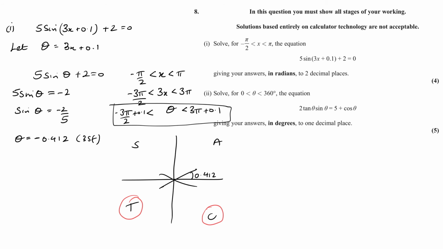Now we've got to go positive round to 3 pi plus 0.1. So all the way round to 2 pi, and then we go round to 3 pi plus a little bit, which won't make another angle, but that's what we've got. So we've got 0.412, we put that in there, 0.412.